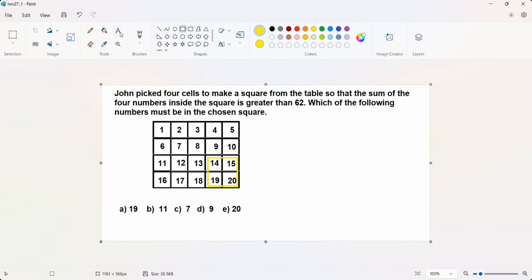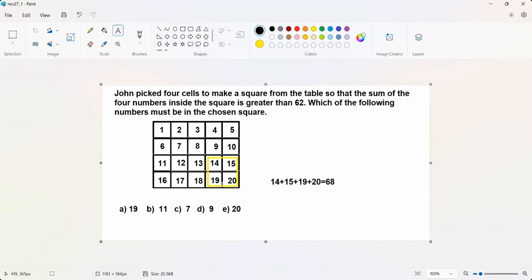We have to add all these: 14 plus 15 plus 19 plus 20, which gives us 29, 48, and 68. So you can find the sum. I'm just doing it quickly, but you can do it at your own pace.